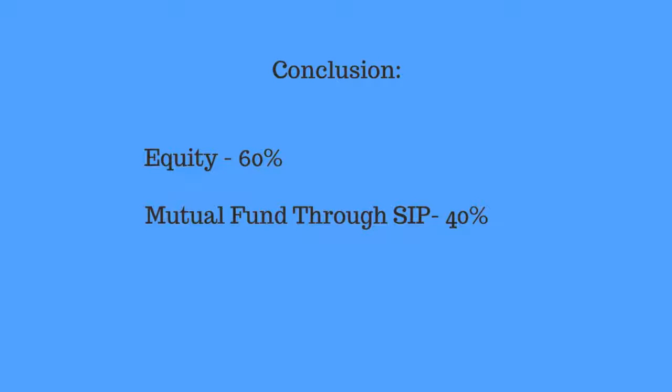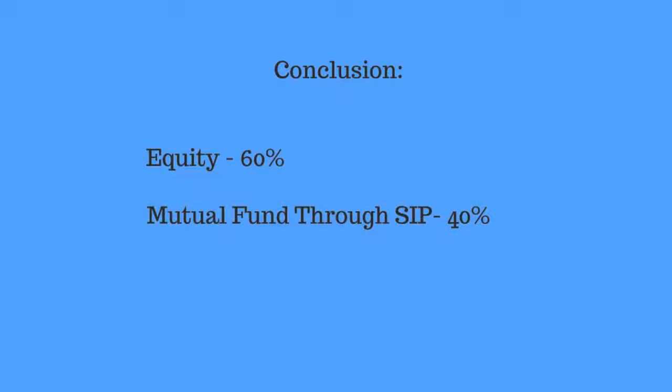The equity market is oversold at this point of time, so it is advisable to invest at least 60% in equity. There are many A group beaten down stocks, so one can invest there. Once the market starts recovering, an investor will earn a very good profit. And 40% in mutual fund through the SIP route.